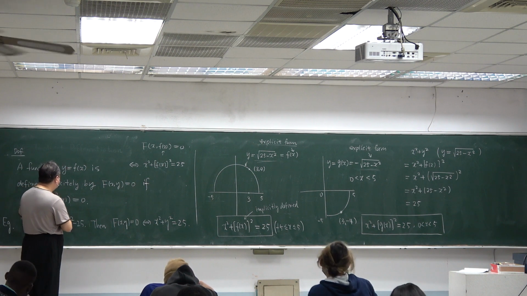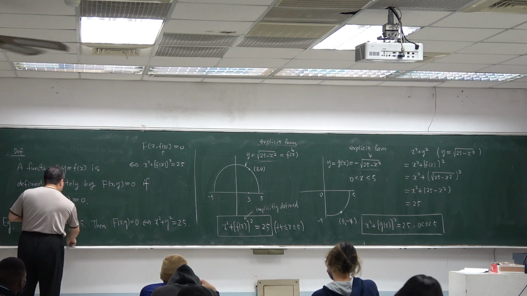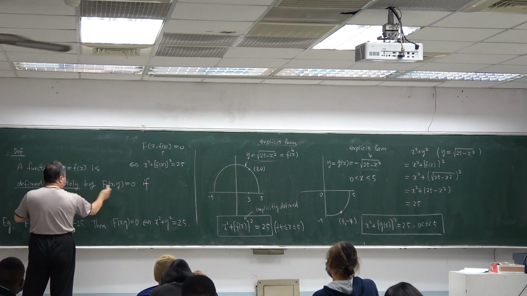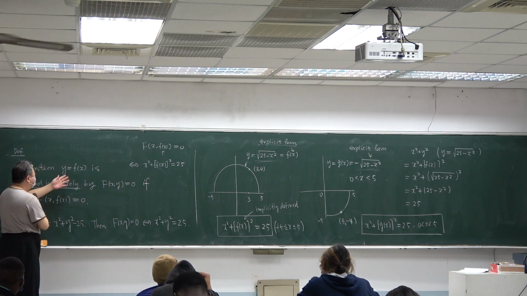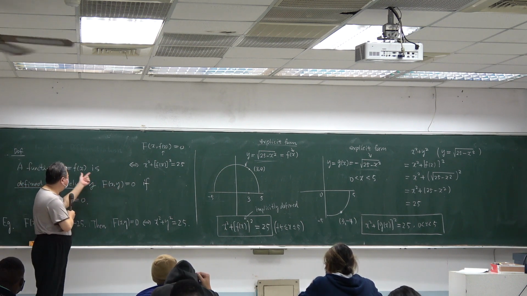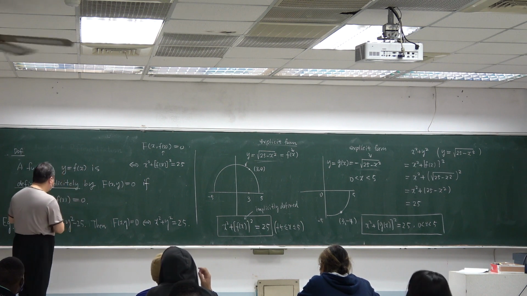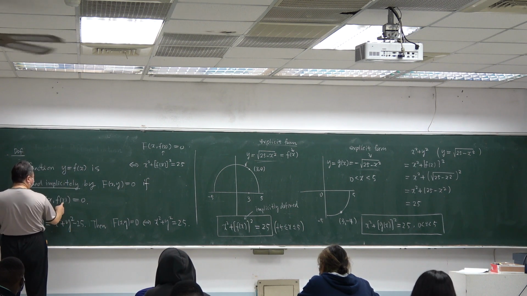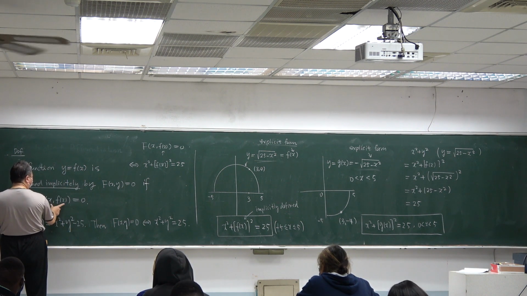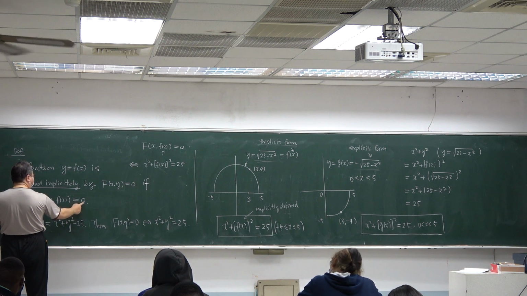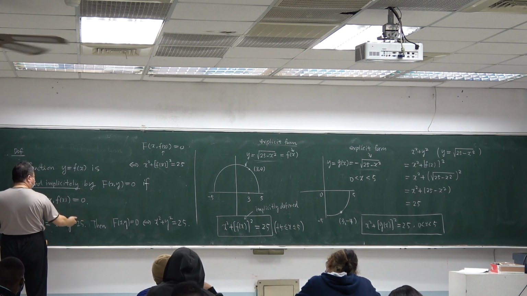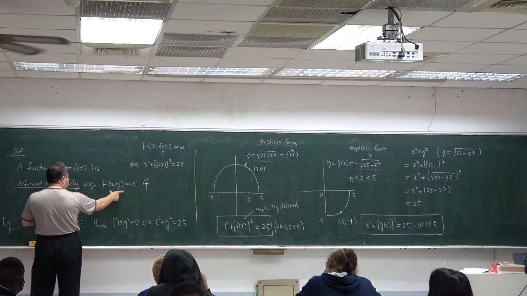The function is called defined implicitly by this equation if we let y be f of x. When x is given, then y is automatically given because f is a function of x. And suppose this equality holds, then we say this function is defined by this equation implicitly.